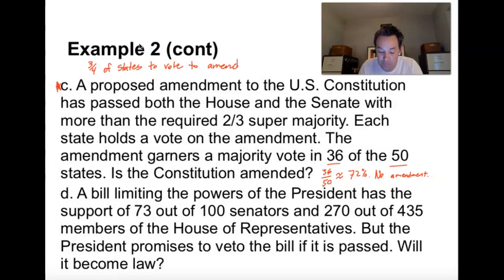But to override a presidential veto, you need a 2/3 supermajority in both the Senate and the House as well.